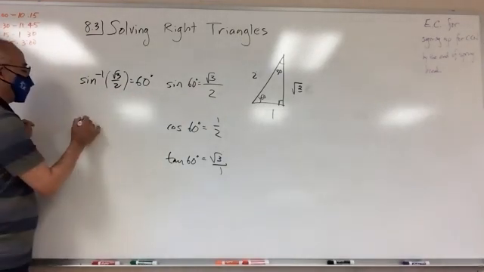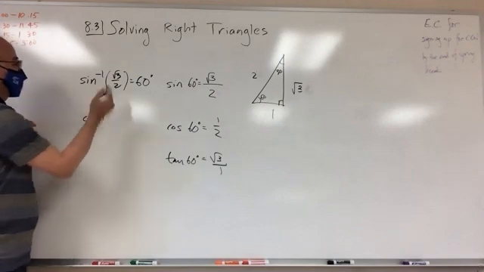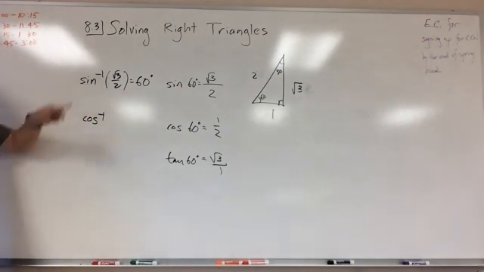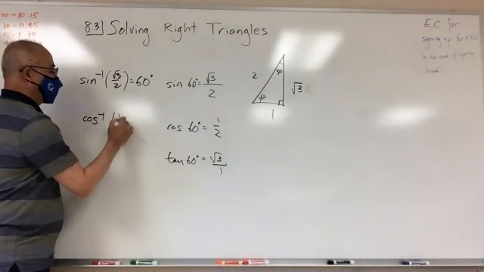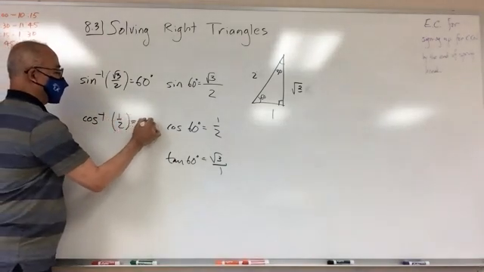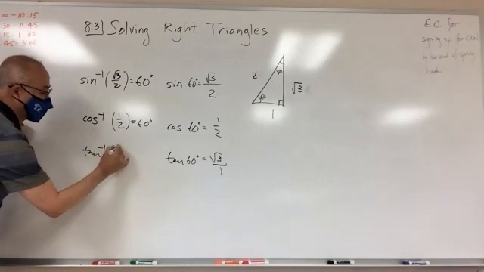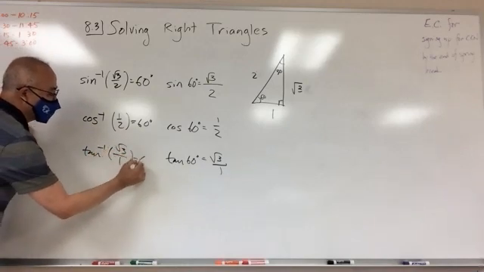Same thing as arc, inverse sine or arc sine. Inverse cosine or arc cosine of 1/2 would be 60 degrees. Arc tangent of √3/1 is equal to 60 degrees.